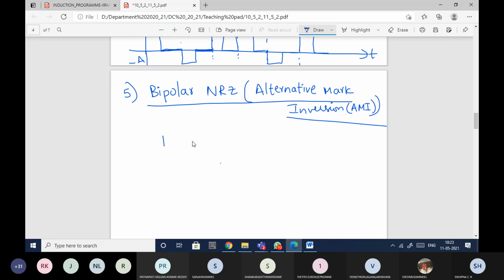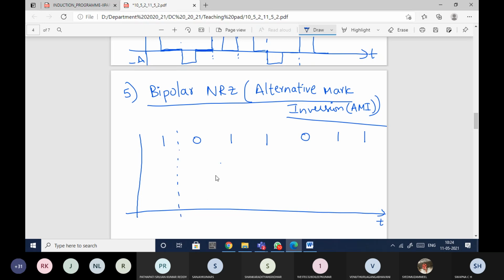Okay. 1 0 1 1 0 1 1. Okay, so without representing the mathematical equation, I'm directly trying to draw the waveform. Okay, this is the binary data given. I'm just taking some equal intervals.